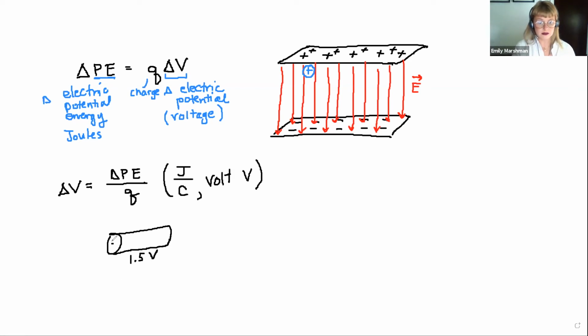What that really means is that there is a potential difference across the battery, a change in the potential across this battery of 1.5 volts. So one side of the battery can be considered to be 0 volts, and the other side can be considered to have 1.5 volts of electric potential.